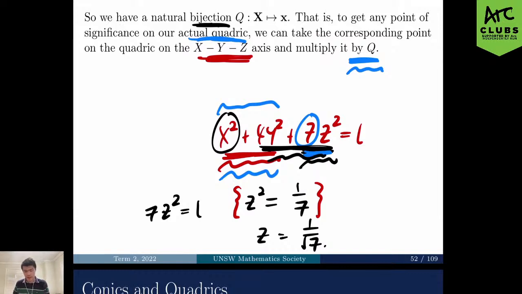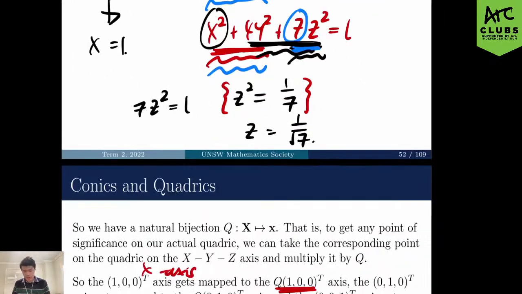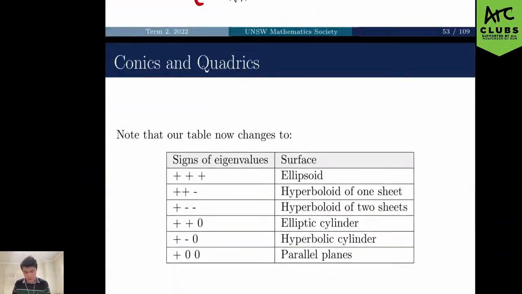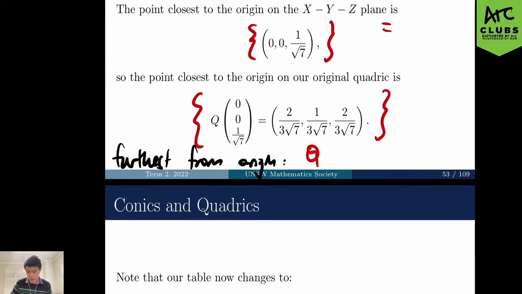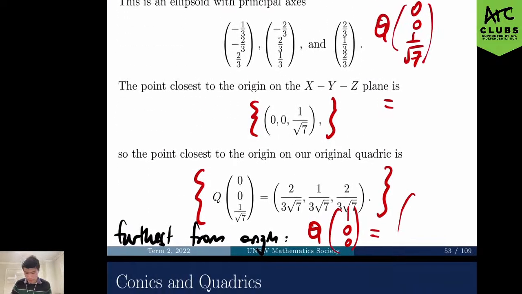Okay, setting that to 0, you get x squared equals 1, which actually gets you quite a big solution, x equals 1. So I'll just write this down at the bottom as a footnote. Furthest from the origin, it would be q times 1, 0, 0, which equals, in this case, minus 1 on 3, 2 on 3, 2 on 3.